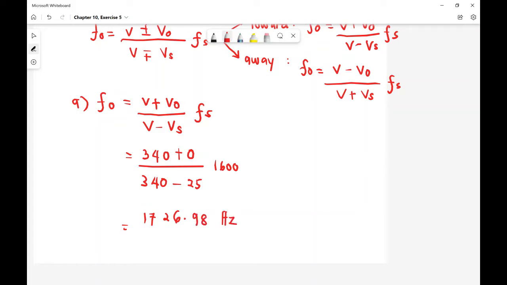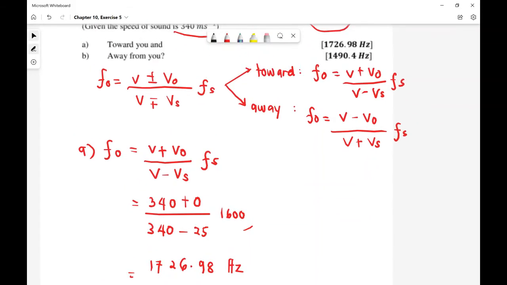Ini adalah frekuensi heard by the observer, which is you. Frekuensi ni lebih tinggi daripada frekuensi sebenar, real frekuensi adalah 1600 sahaja. So frekuensi heard by the observer when the source moving towards is higher than the real frequency. Itu untuk A.